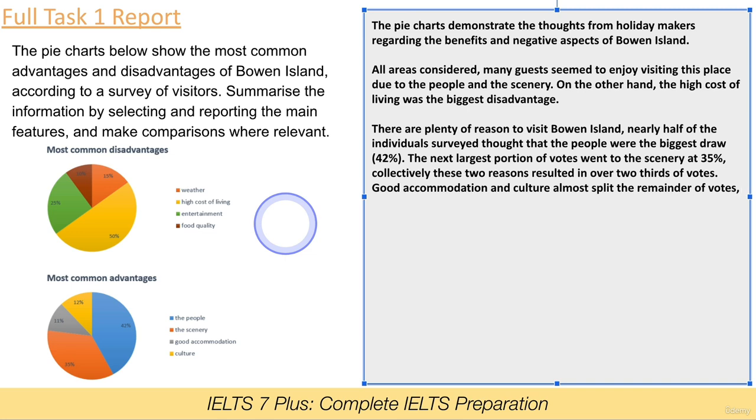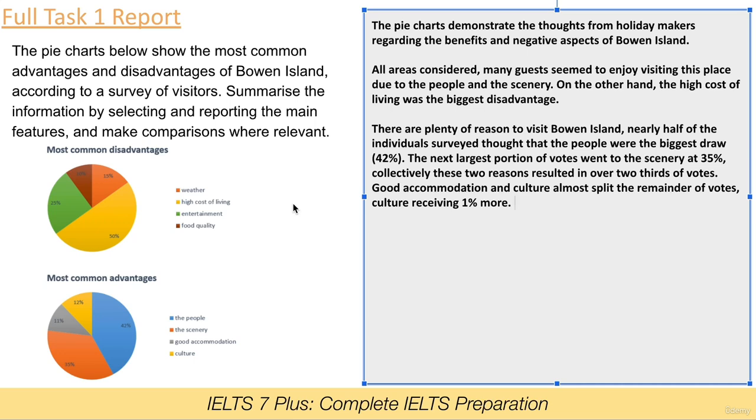We could say culture receiving 1% more. There we go. Let's have a read. So there are plenty of reasons to visit Bowen Island. Nearly half of the individuals surveyed thought that the people were the biggest draw, 42%.